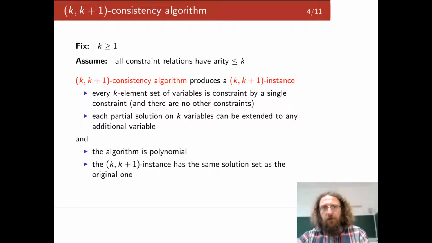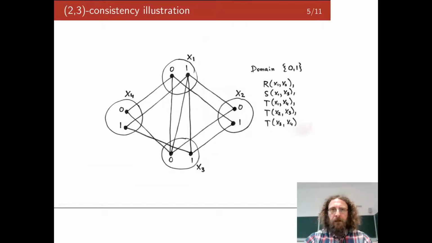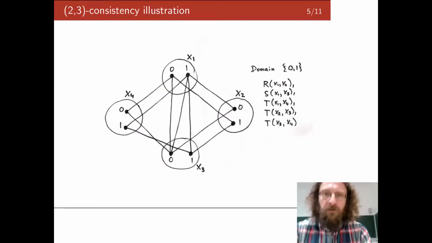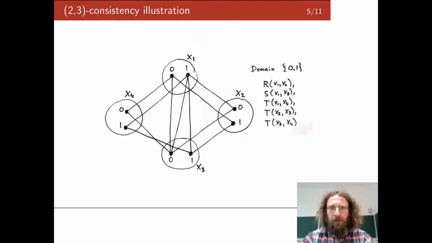It's quite easy to come up with an algorithm that achieves all these goals, and we will call any such algorithm the k+1 consistency algorithm. Let's now look at a concrete instance and see what a 2-3 algorithm can do. The instance has domain 0, 1 and 5 constraints, which are drawn on the figure.